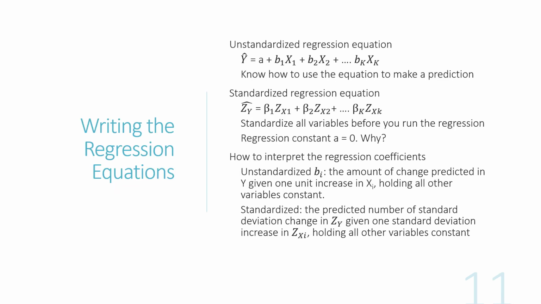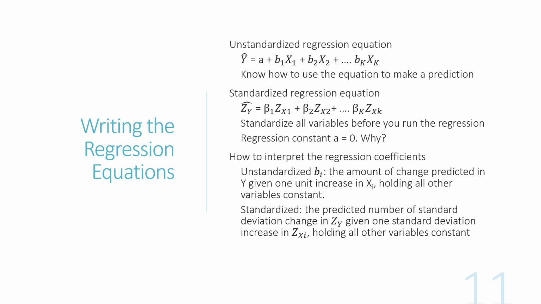After completing the analysis, use the SPSS output to write your regression equations. In both unstandardized and standardized regression equations, remember to place a hat over the predicted values. It is also important that you are able to interpret the regression coefficients correctly.